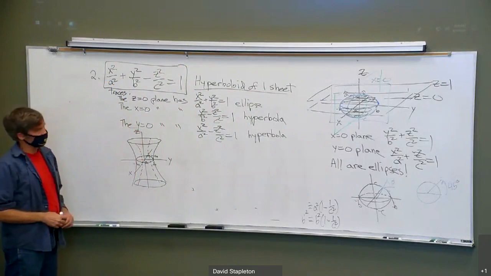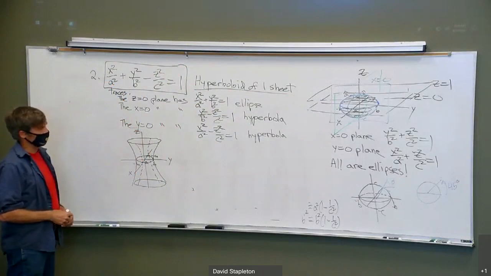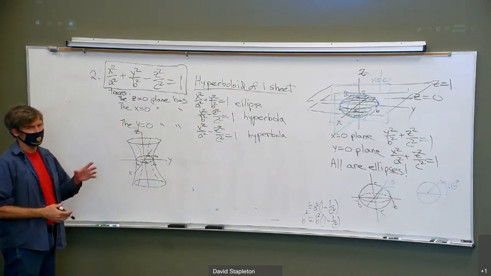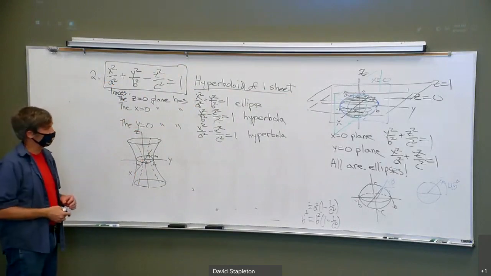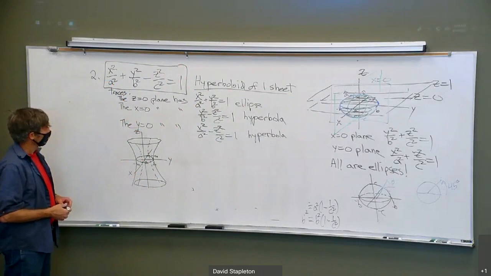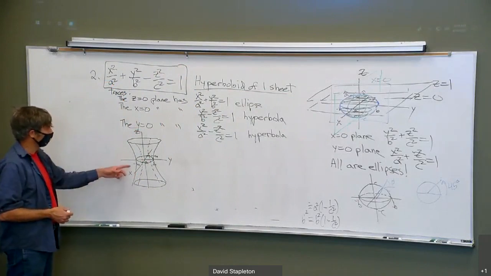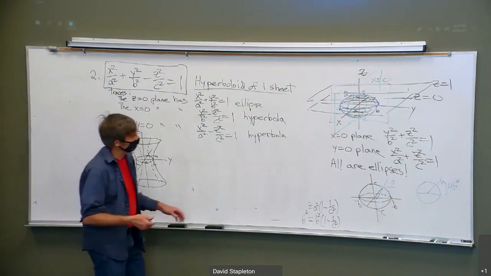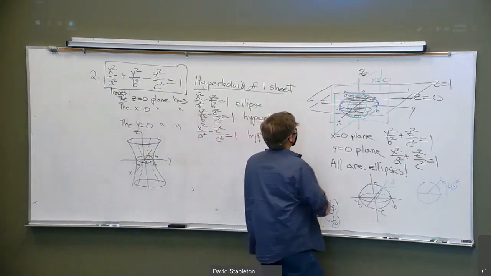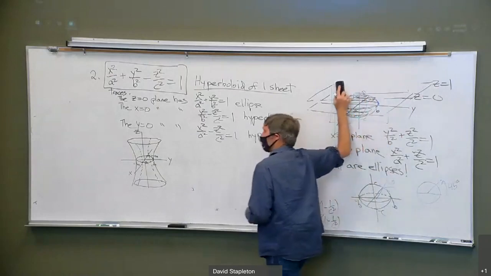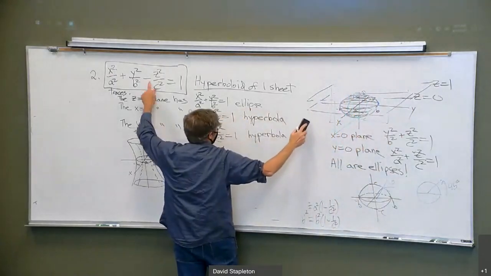We'll talk about how to orient it in other directions later. Just like the conic sections, you can rotate these things around in different directions. You'll see these things used occasionally in real life. The hyperboloid of one sheet comes just by taking the ellipsoid equation and changing plus to minus in one spot.